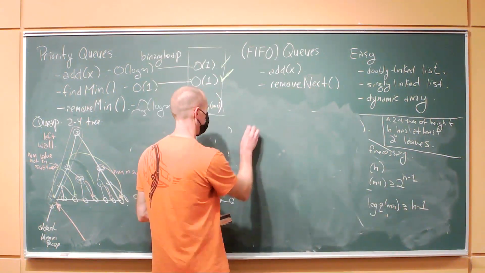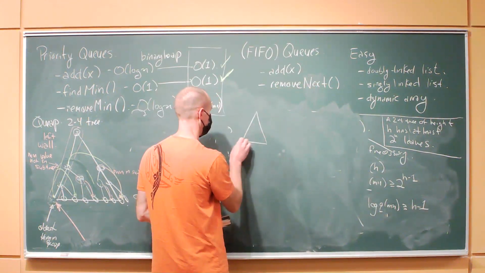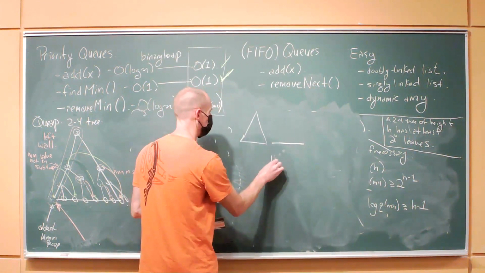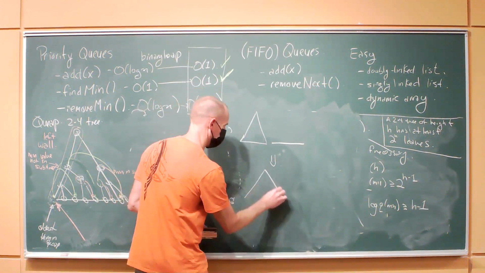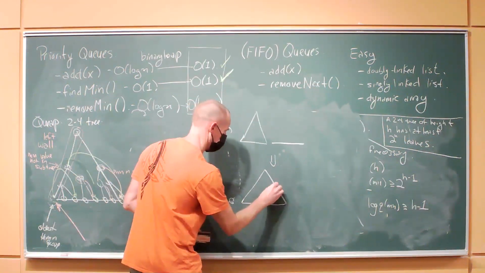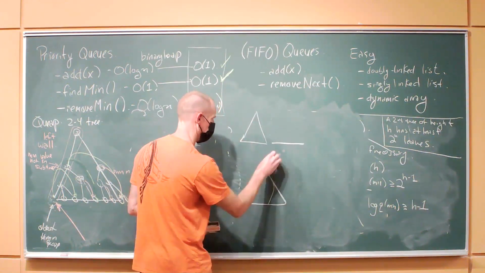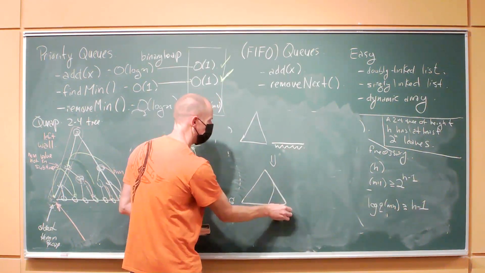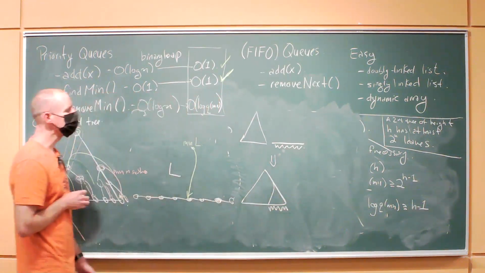We had a picture like this before, and that's going to go to a picture like this, where this is the stuff that was in the list. It's going to be over here on the right part of this tree.